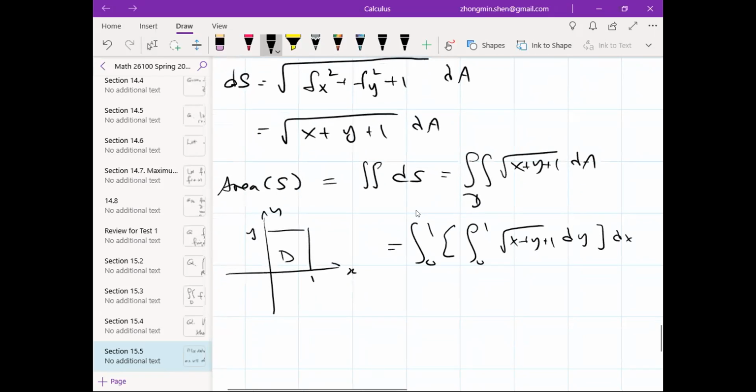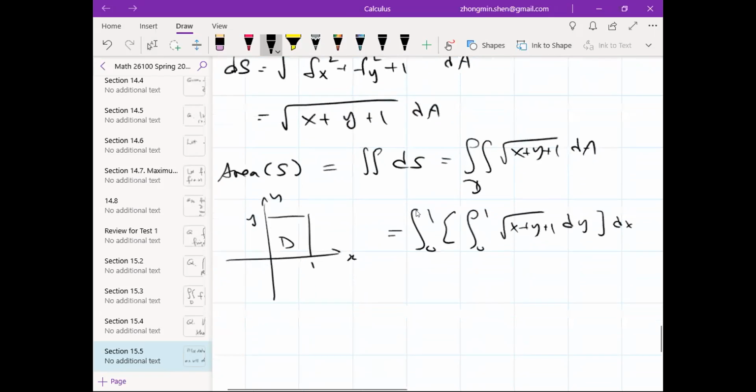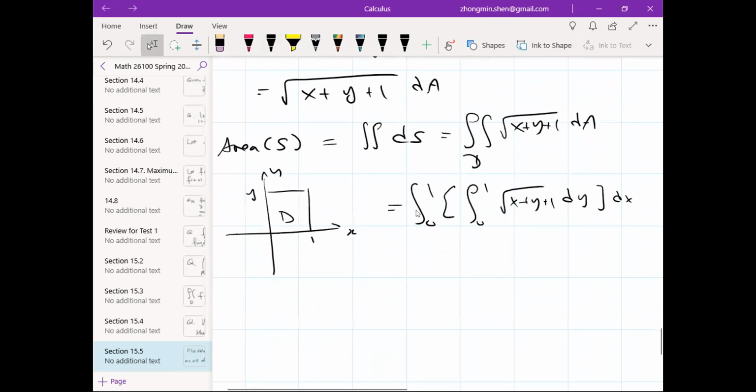The question is, how do you evaluate this integral? I think it's easy to evaluate with respect to y. The antiderivative of that function, because y is a variable and x plus 1 is constant, is going to be 2/3 times (x plus y plus 1) to the 3/2, evaluated at the two endpoints, dx.